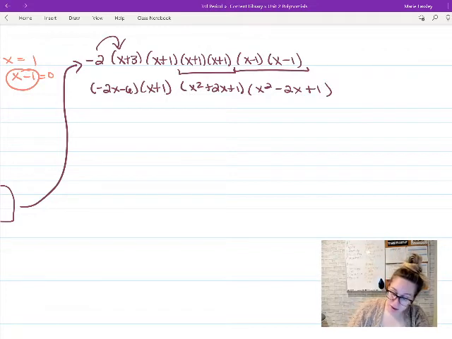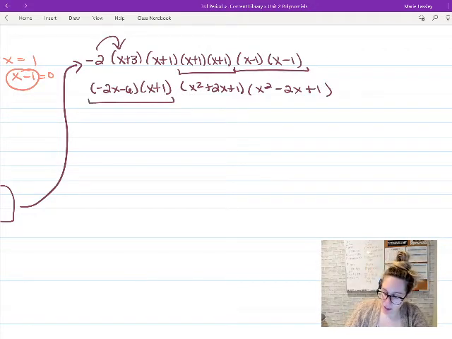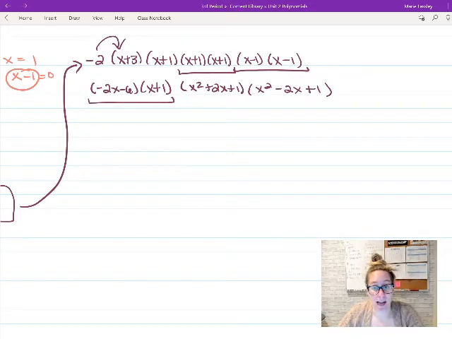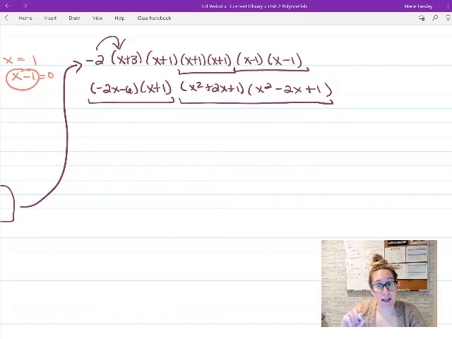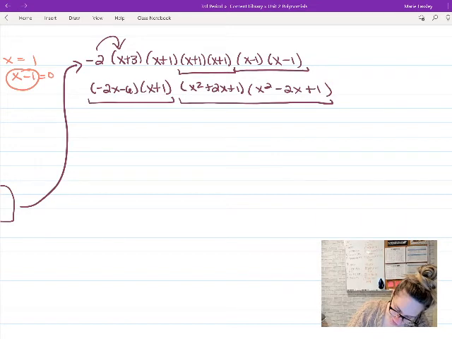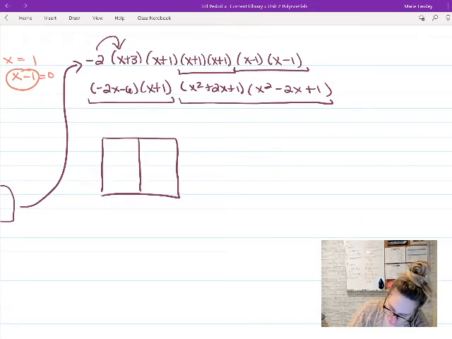But I still need to do more. So the next thing I'm going to do is multiply these two together, and then I'm also going to multiply those two together. Now when I do this multiplication, I like to use a box because it helps me organize everything. If you like to just multiply all the pieces, that's fine too, but I would recommend using a box. So for my first two, I draw my box. I have a -2x and a -6, and then an x and a 1.